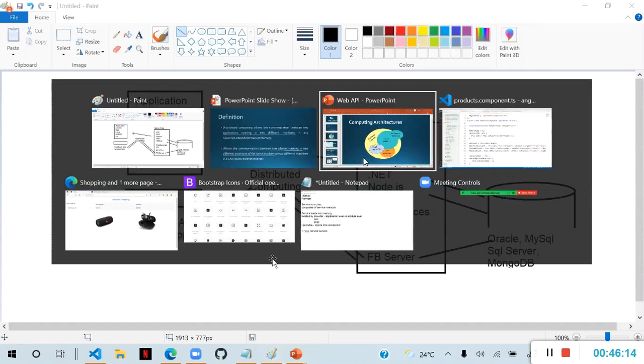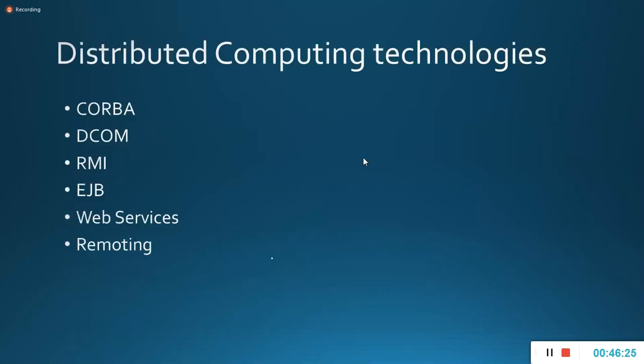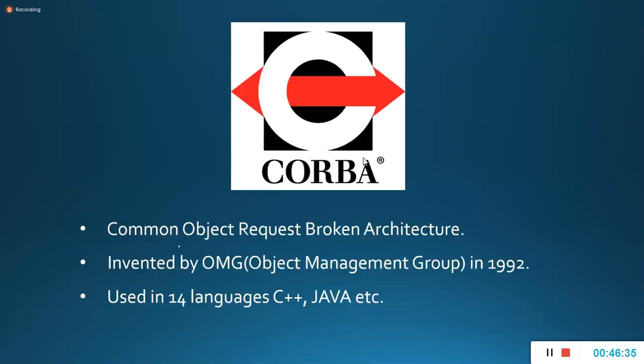There are so many distributed computing technologies actually. What are the various distributed computing technologies? We have CORBA, DCOM, RMI, EJB, web services, remoting, so many. CORBA is Common Object Request Broker Architecture, invented by the OMG Group in 1992, and it is used in more than 14 languages, including C++ and Java.